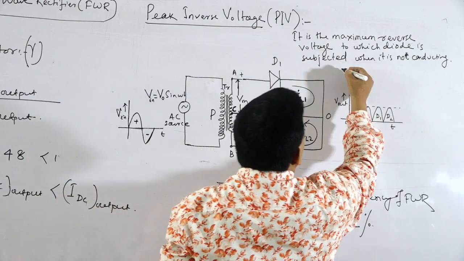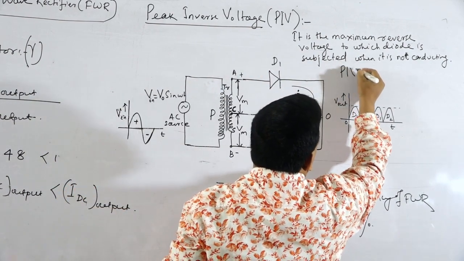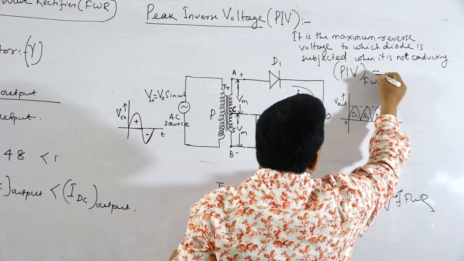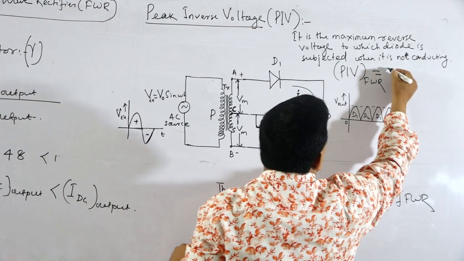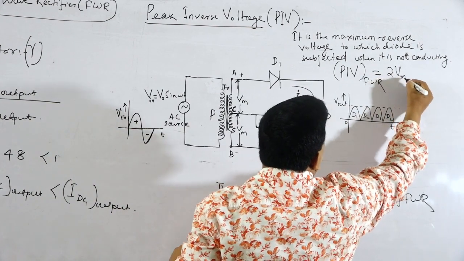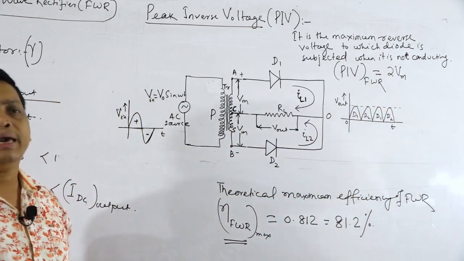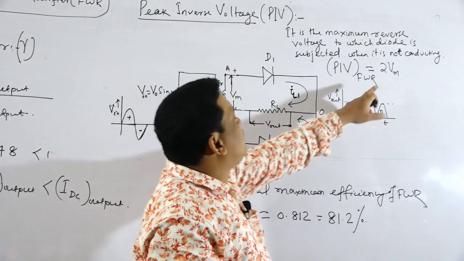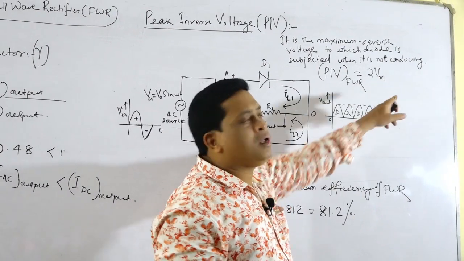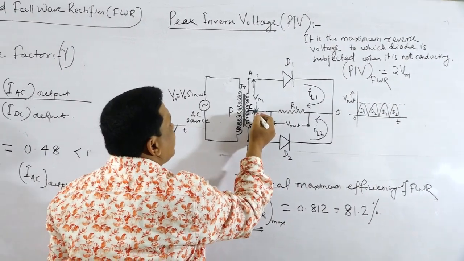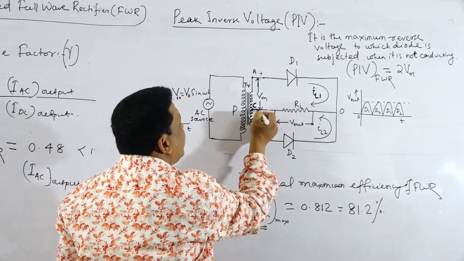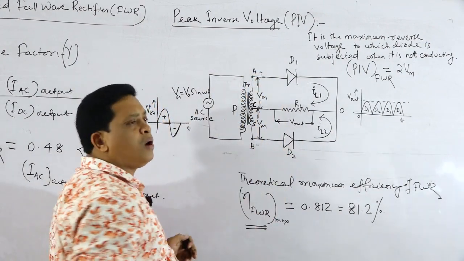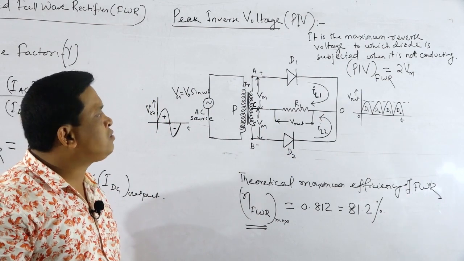Therefore, the peak inverse voltage for full wave rectifier is equal to 2 Vm. Vm is the maximum voltage appearing between the center position of the secondary winding and the upper half or lower half of the secondary winding of the transformer.